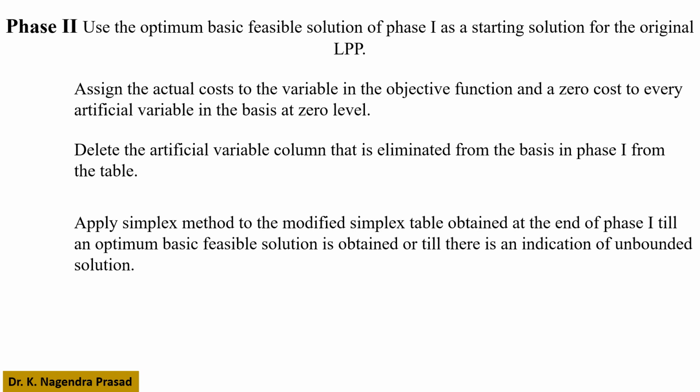The third step is to delete the artificial variable columns that were eliminated from the basis in phase 1 from the table. So in the final table of phase 1, we remove the artificial variable columns. The next step is to apply the simplex method to the modified simplex table obtained at the end of phase 1, till an optimum basic feasible solution is obtained or till there is an indication of an unbounded solution.